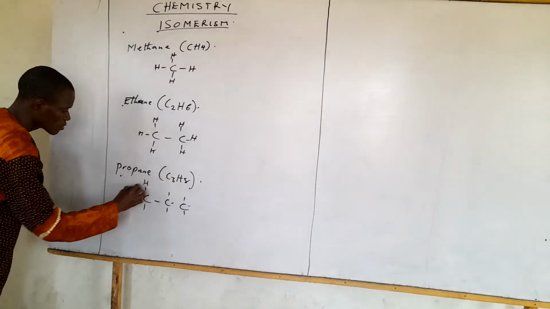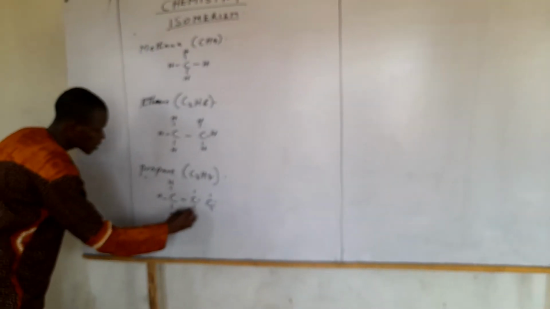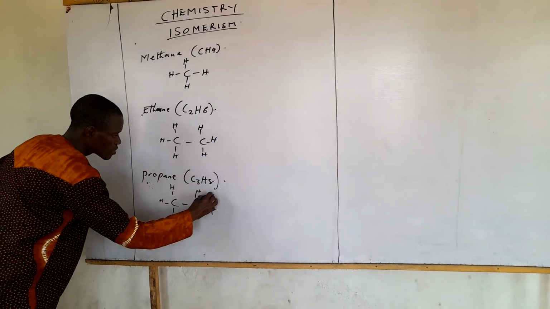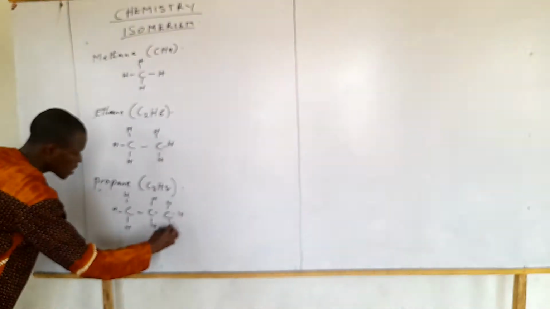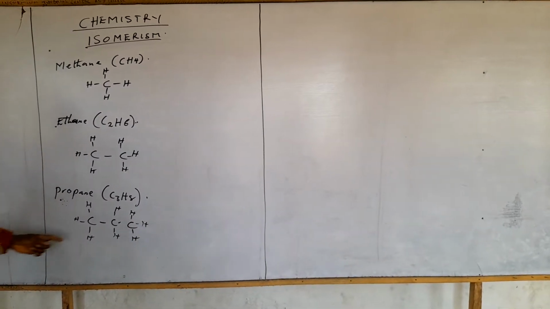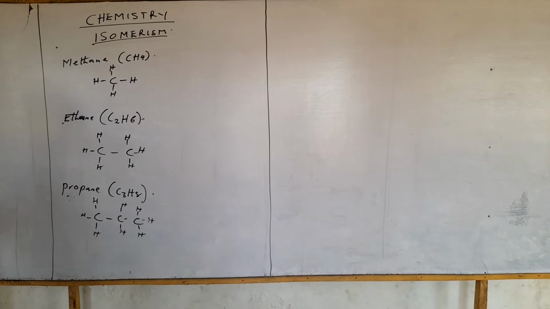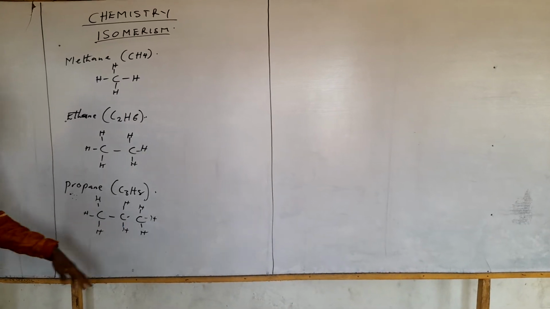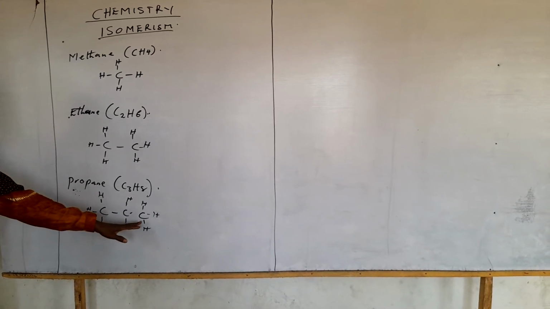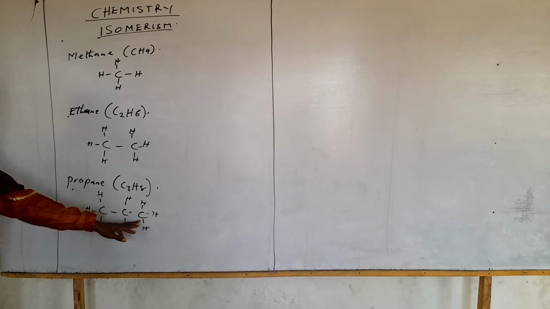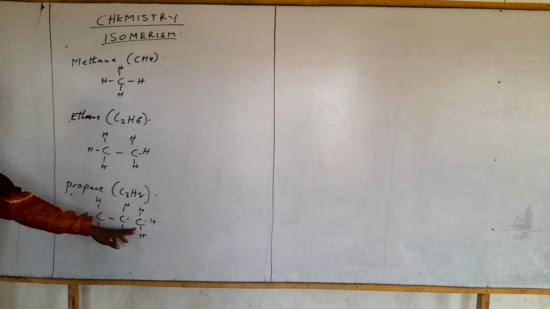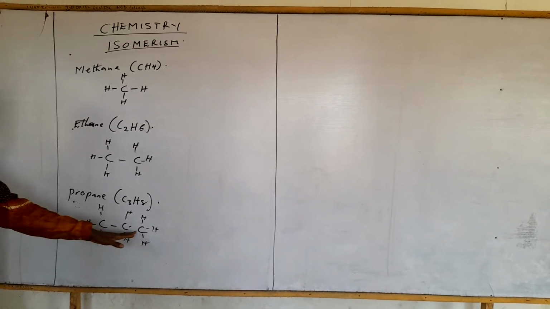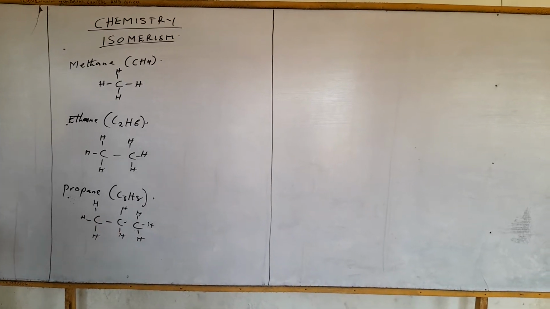We have 1, 2, 3, 4, 5, 6, 7, and 8. This one still remains propane. Even if I try to generate another isomer here, we will not really generate another isomer. It's just the placement of this carbon. Let's move further.